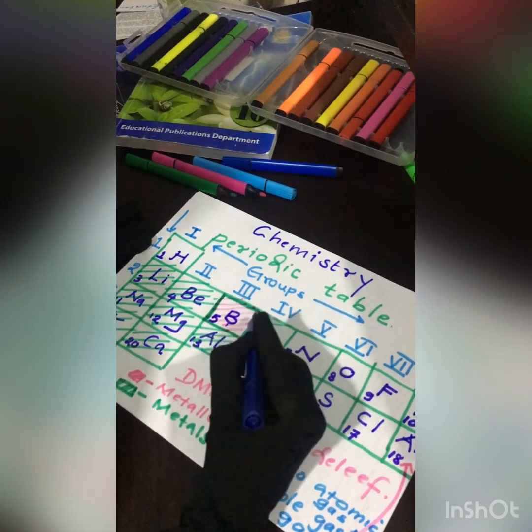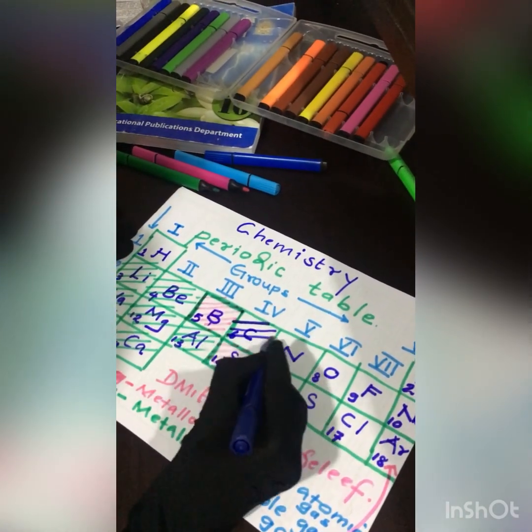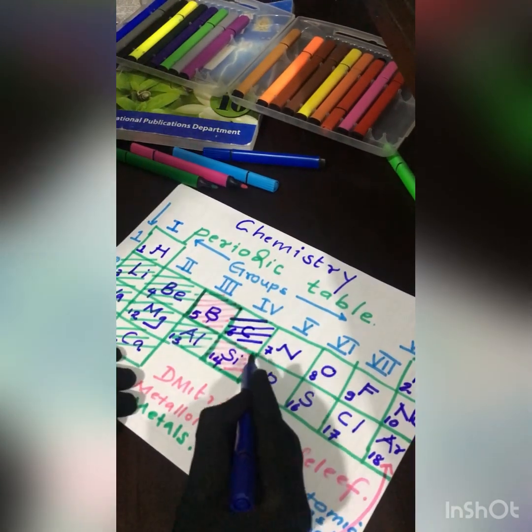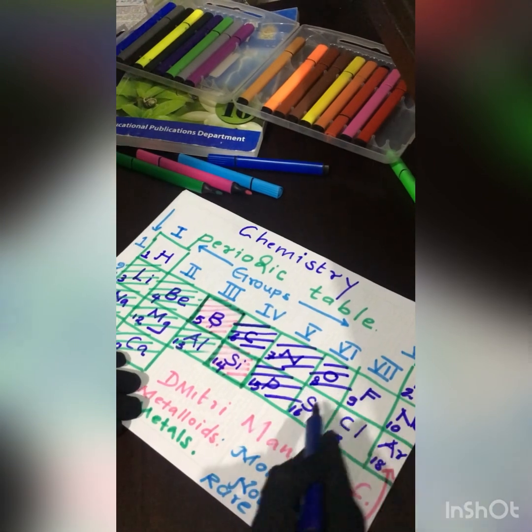So non-metals: this is the border, and the other elements after the border all come under non-metals. That is an easy way for you all to remember this.